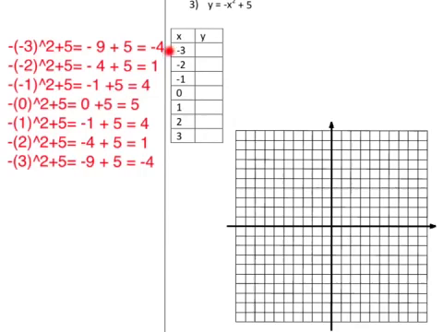So now all of these numbers are relatively small, so I'm going to use a scale of 1 again. And now I am ready to plot my points. So negative 3, negative 4 is right here.